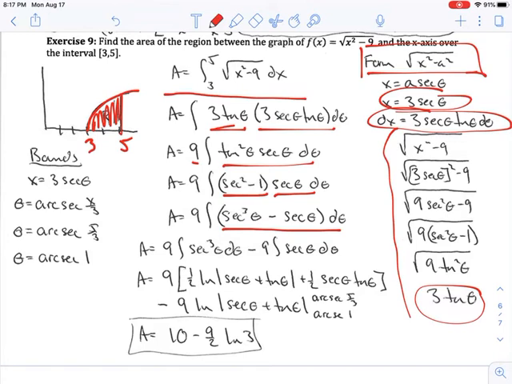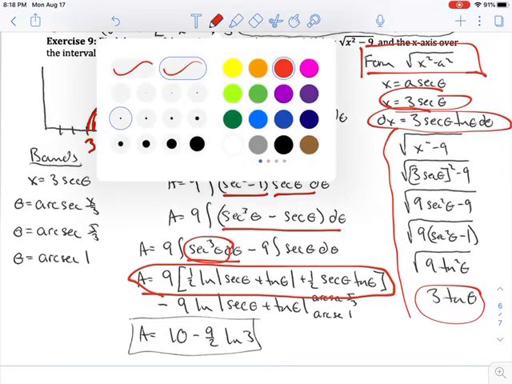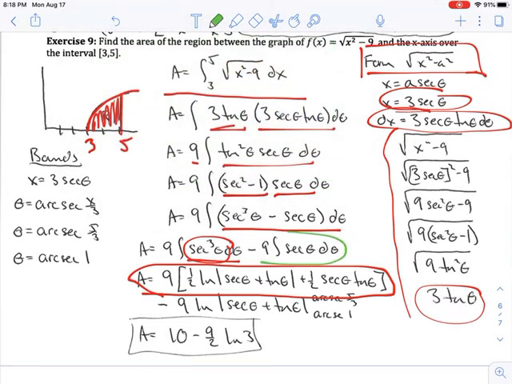And I believe we did that using the reduction formula. And so secant cubed is all of this. That's the secant cubed. Then 9 minus secant theta, that one we know. That one is like right here. Log of secant plus tangent.